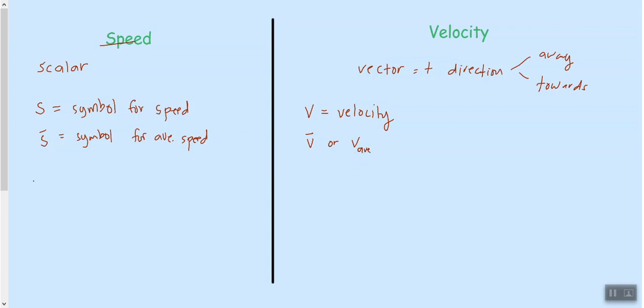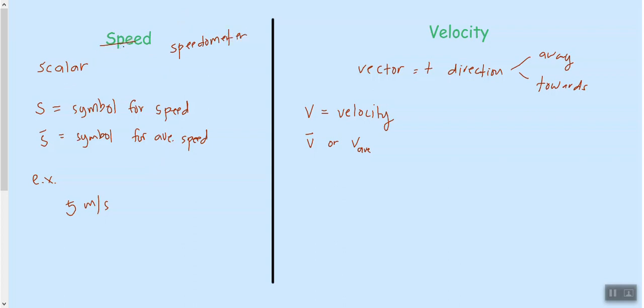So what are some examples of speed? Speed: 5 meters per second. The best way to understand speed is, if you have probably noticed in your parents' car, in the dashboard, there is a speedometer. The speedometer is named after the word speed because it only tells us how fast.